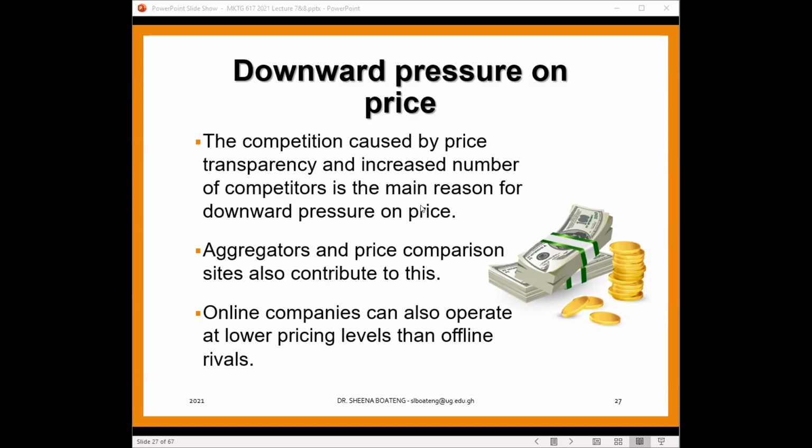Likewise, we can talk about the concept of lower operating costs when it comes to the online context, because if you compare the cost of operating offline to online, the cost differences are huge, such that if you were selling offline, you would have to incur huge amounts of cost that you would not incur online, including getting a physical location, paying for amenities at that physical location, including electricity, water, store setup.